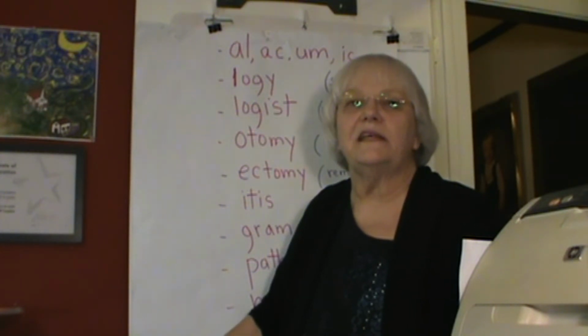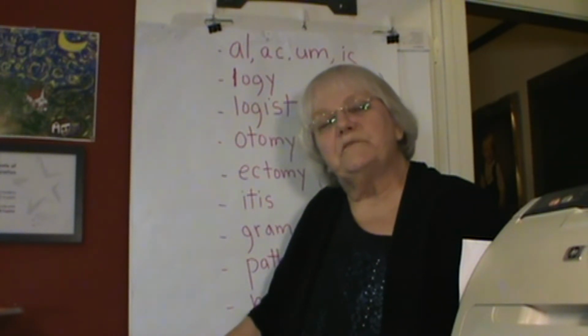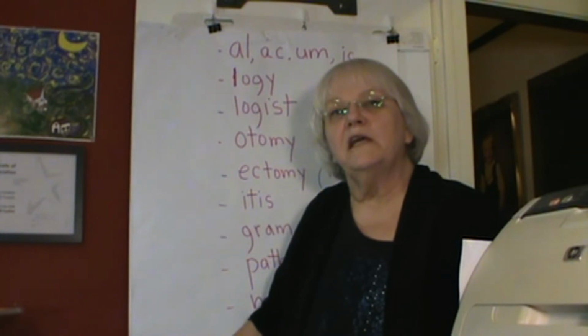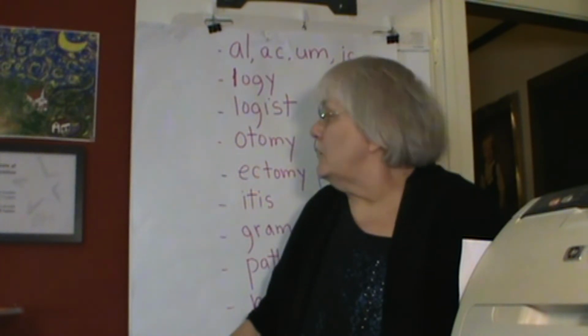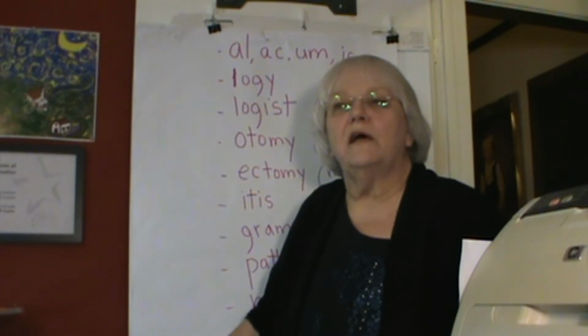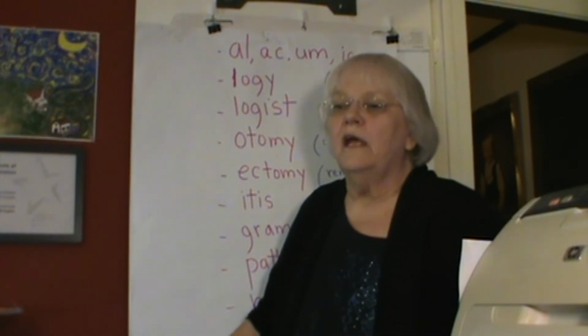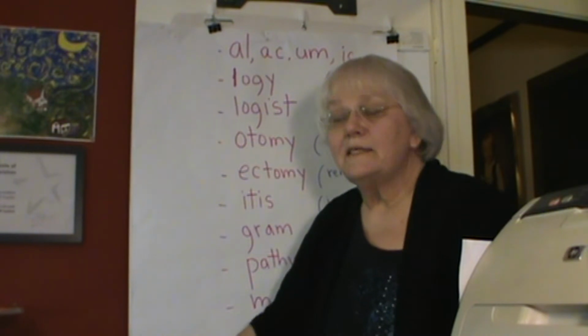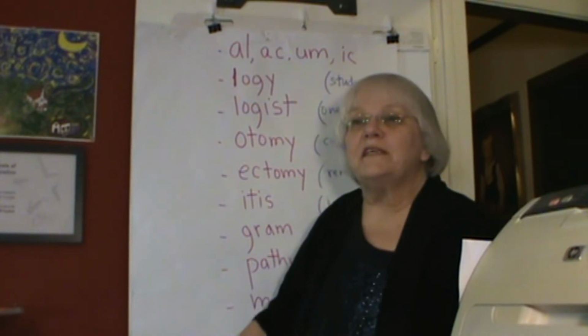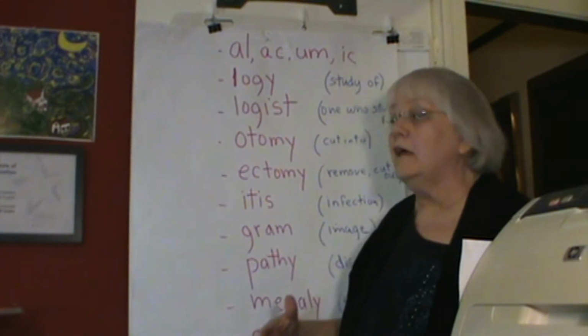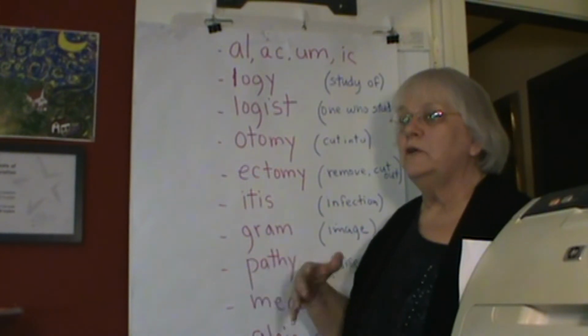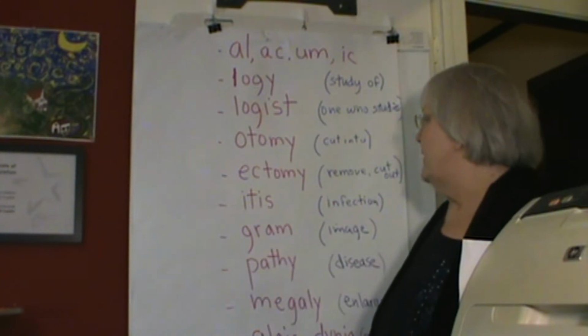Oh, that makes it easy. Every time I'm seeing itis, it means inflammation. You see, some folks don't ever get to that point. They don't give it a chance, I guess, and they say, oh, I'll never learn this, it's too hard. And they won't listen to you when you try to tell them this is actually pretty easy. You put in a little bit of work, you get a huge return on your investment.